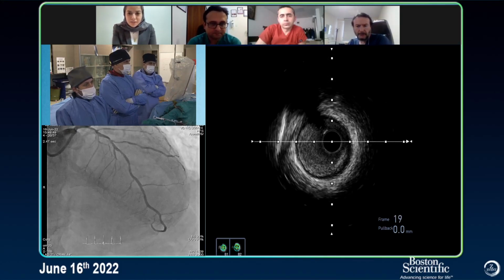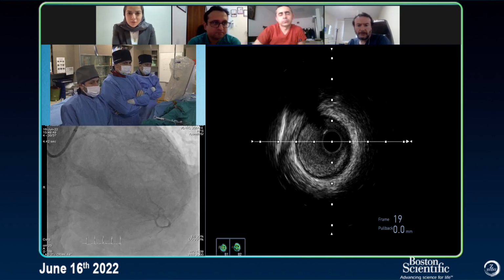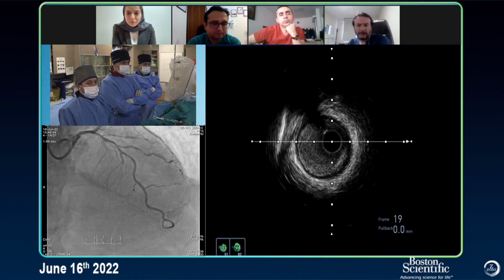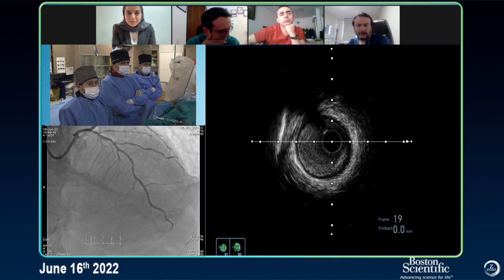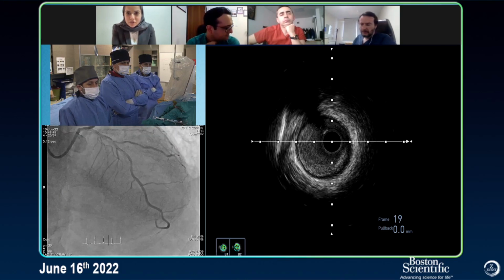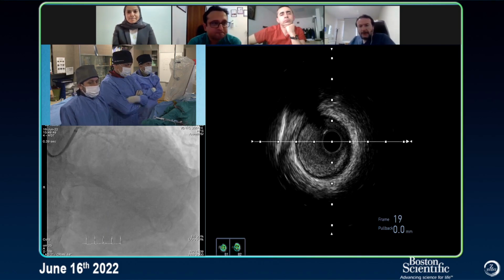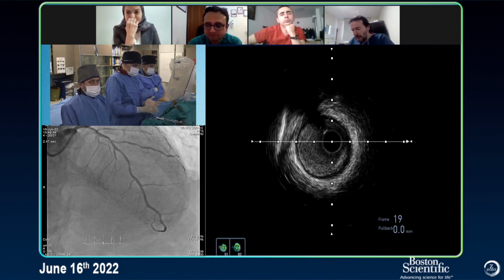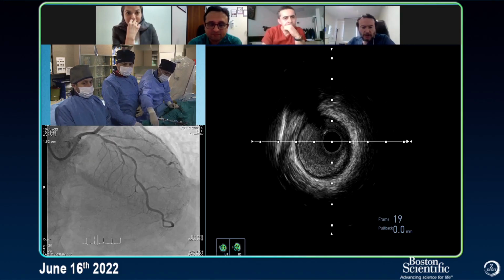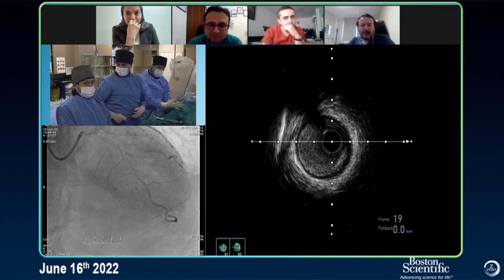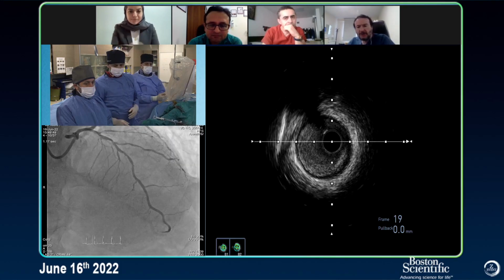Excellent demonstration. We'll go around just quickly to see how comfortable you would feel stenting right at the ostium, or would you extend it to the left main? Shafkat? Before you ask my opinion, I wanted to see the IVUS. So IVUS is very mandatory in deciding how to proceed in calcified lesions.